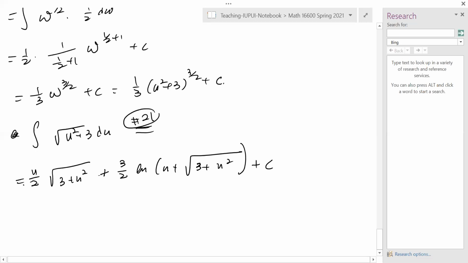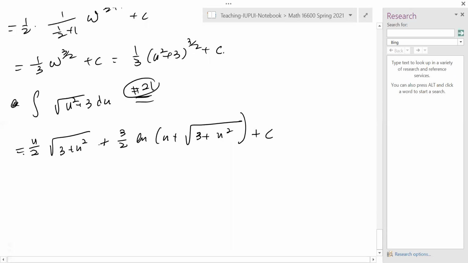You can differentiate and change the integral to something else, but you still have to use another formula. So it's not a big deal.